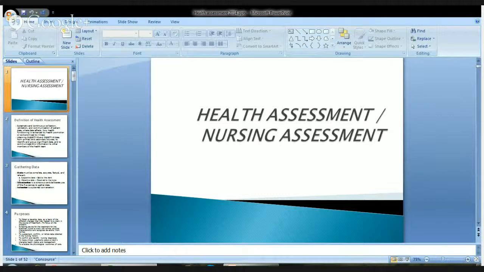In preparation for this health assessment, what are the things that you're going to do? You should introduce first yourself, and then you have to verify the client's identity by asking his name or her name. You tell the client what you're going to do and the importance of it and how the client can cooperate.